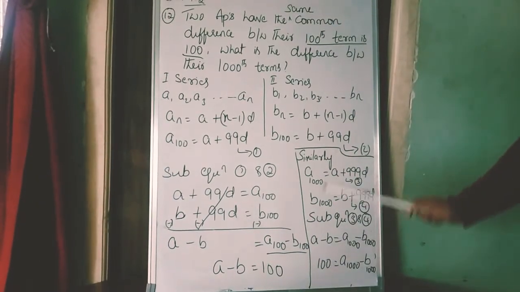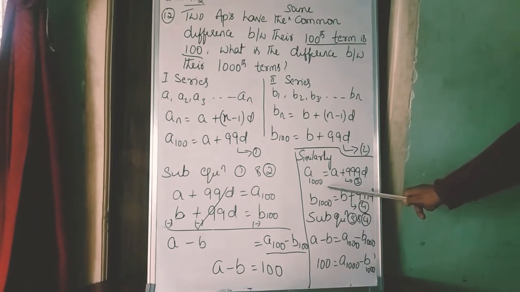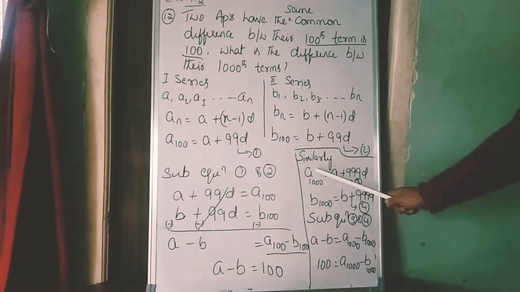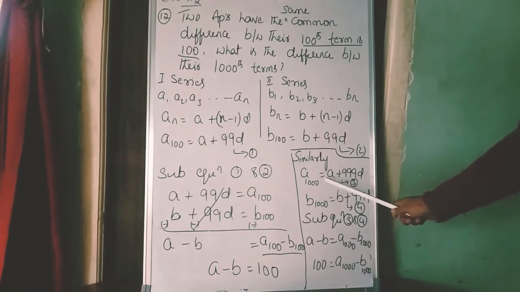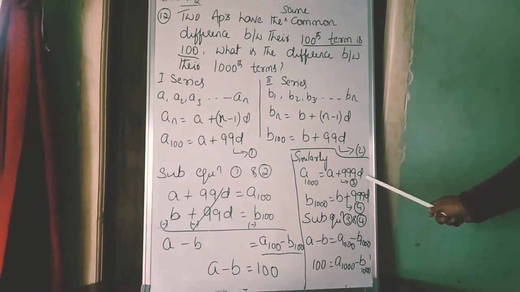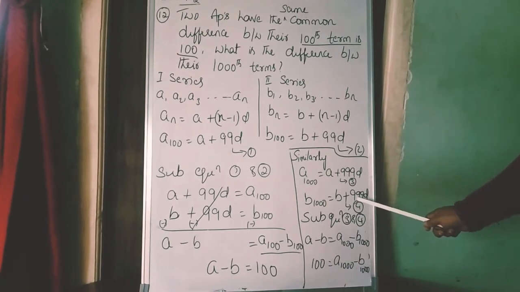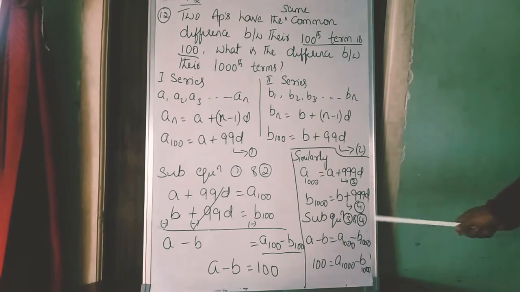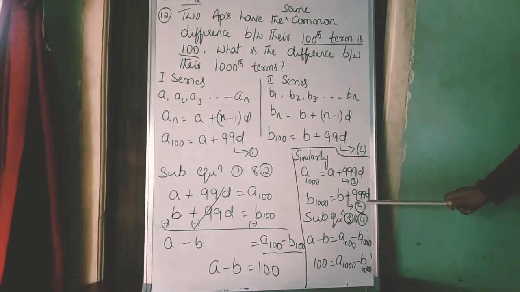Similarly, now we should calculate the difference between their 1000th terms. So first you take the 1000th term formula. A1000 is equal to A plus 999D. B1000 is equal to B plus 999D. Take this as equation number 3 and this as equation number 4.